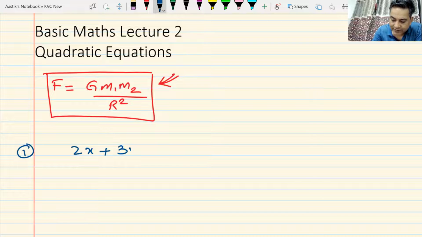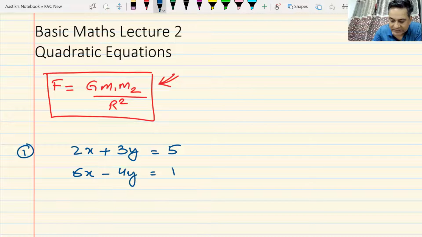2x plus 3y is 5. 5x minus 4y is 10. Can you solve these two simultaneous equations together and give me the value of x and y? I'll give you 2 minutes for everyone who has joined today. We have done just linear equations, nothing else.